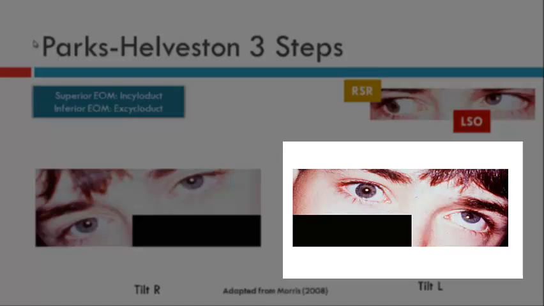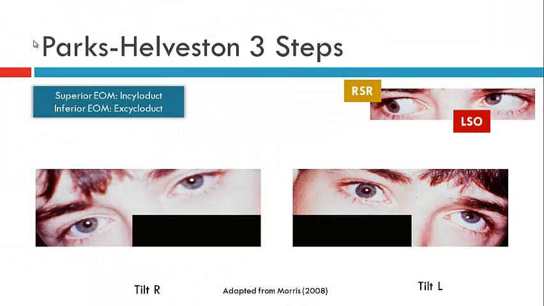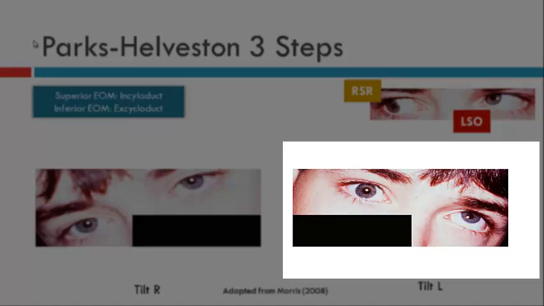Now we know that it's either the right superior rectus or the left superior oblique that is the palsied muscle. These are both encycloductors. Now on tilt left, the eye that is encycloducting is the left eye. This means that the palsied muscle must be of the left eye. So immediately you can see that it's going to be the left superior oblique.